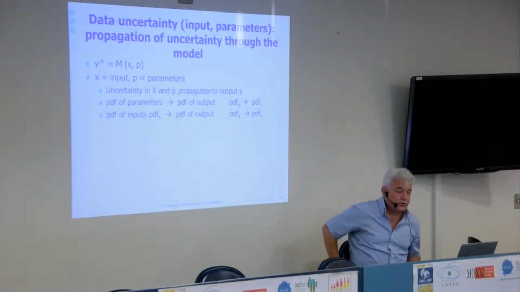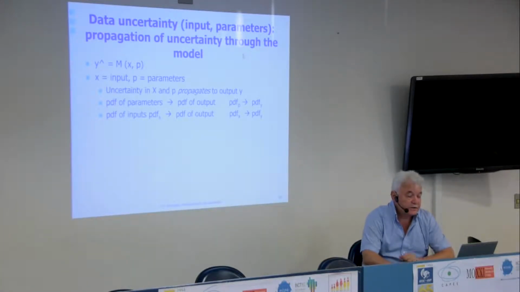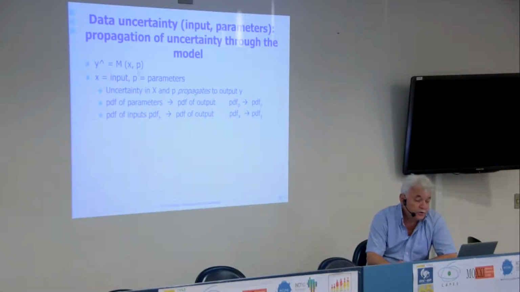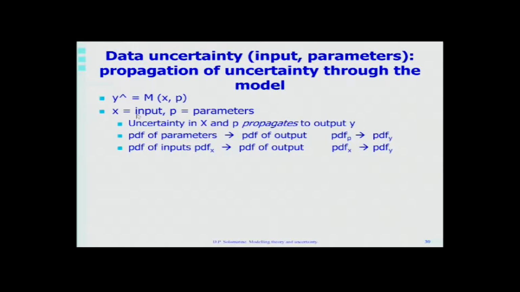So the question is, how does uncertainty propagate through the model? As we agreed, we know several sources of uncertainty: parametric uncertainty in P, uncertainty in inputs, uncertainty in outputs, and so on. So let's look at X and P, the two major sources, parameters and inputs. If we have the PDF of parameters, it should propagate through the model, and we end up with the PDF of the output.